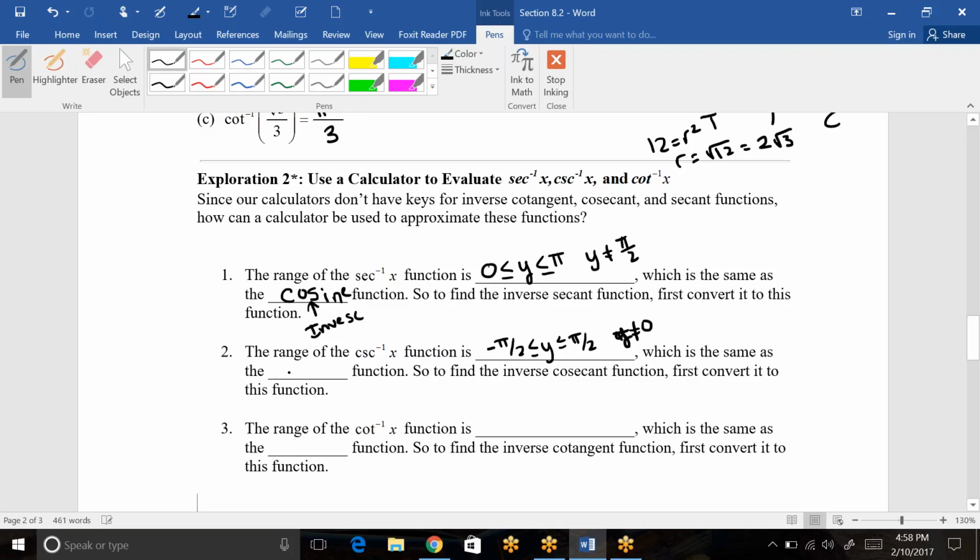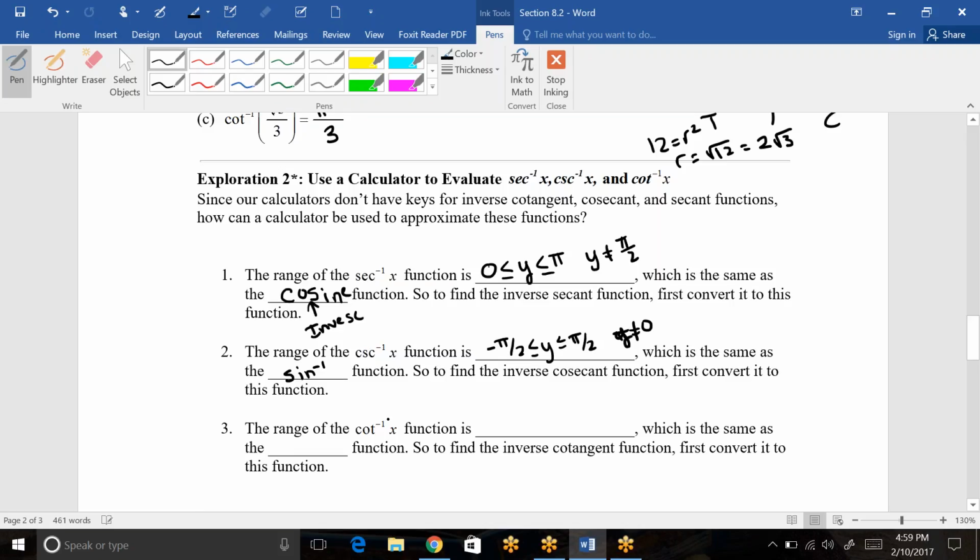That's similar to, remember, the sine inverse function. So to find the inverse cosecant function, you'd need to convert to sine inverse first by making it its reciprocal, and then you could use your calculator, because your calculator does not have these buttons.